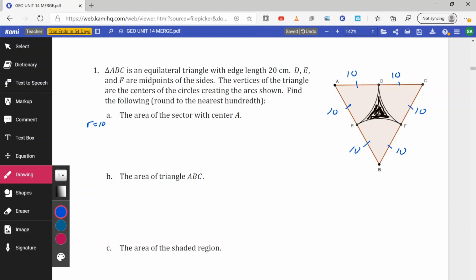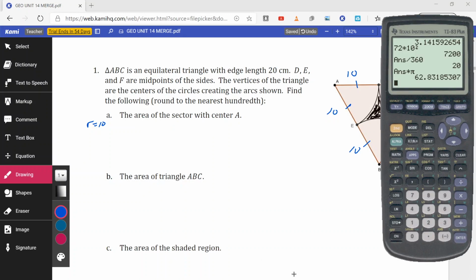The other thing that we have for an equilateral triangle is that all lengths and angles are the same. So we know a triangle is comprised of 180 degrees. So we divide 180 by our 3 points, which means each angle created is a 60-degree angle.